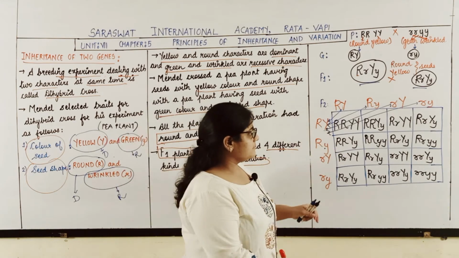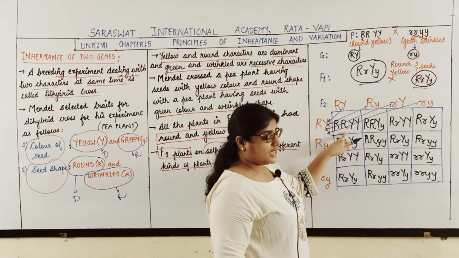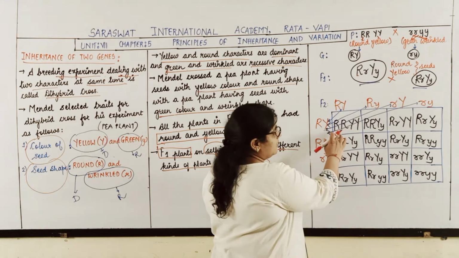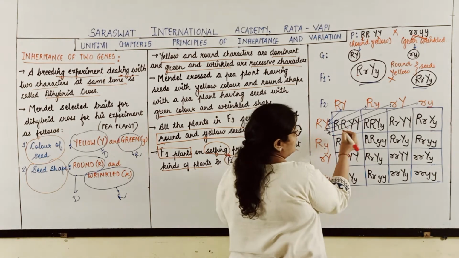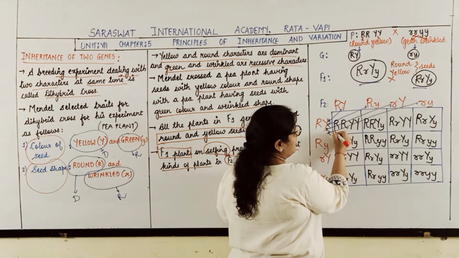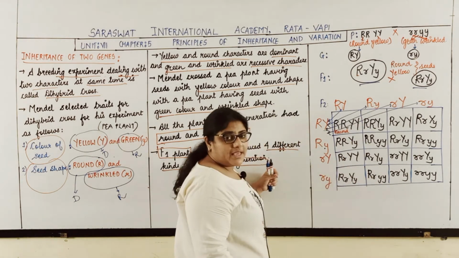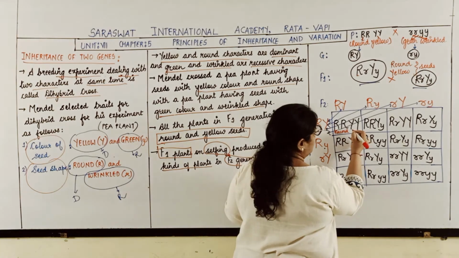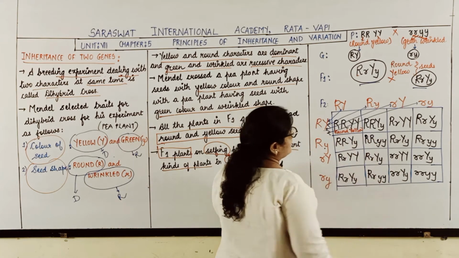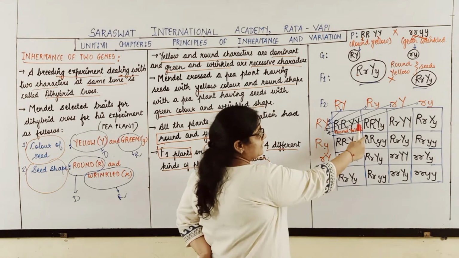So here, if you study the phenotype, capital R, students, what will it be? It would be round. Capital Y stands for what? Yellow, right students? Same way we will write the phenotype.